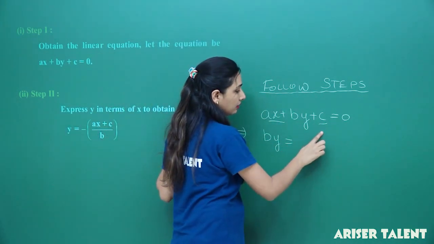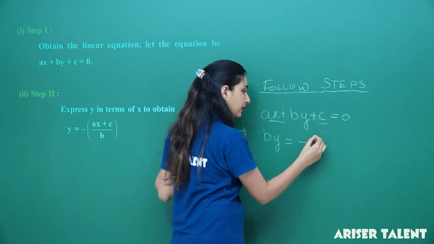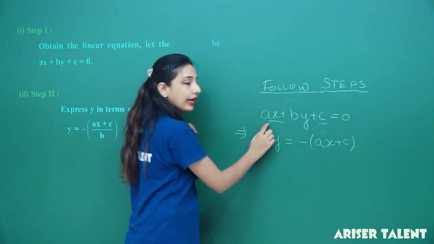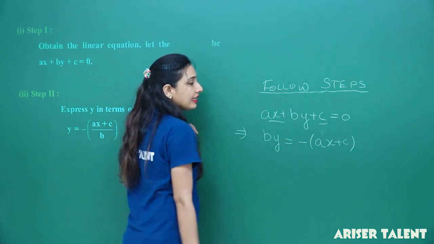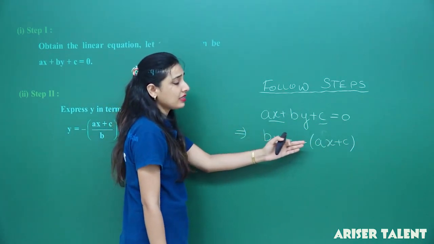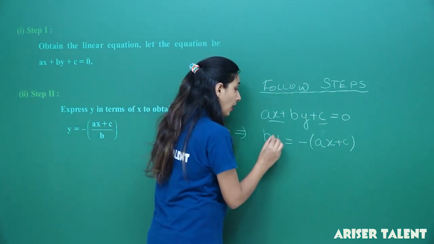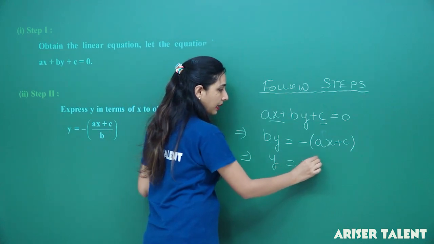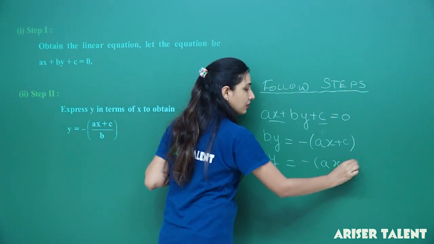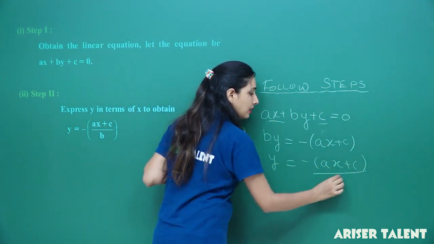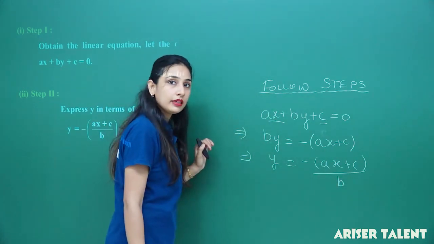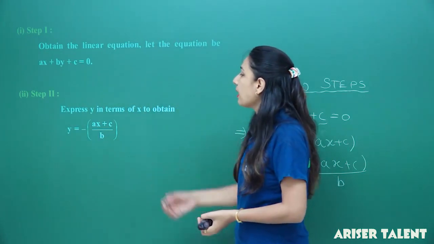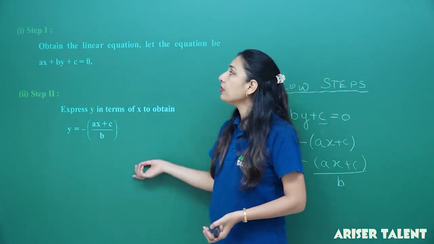Now in the RHS, that will be minus ax minus c. Now if it is true, then y equals to minus of ax plus c, by b, isn't it, right? So I am having the same term y equals to minus ax plus c by b with this equation.